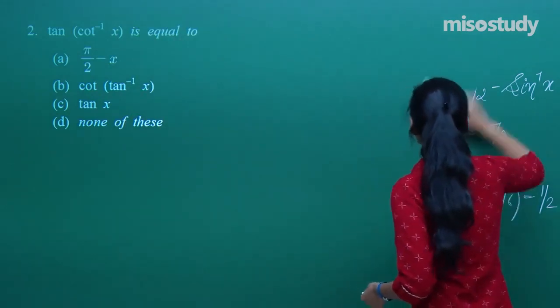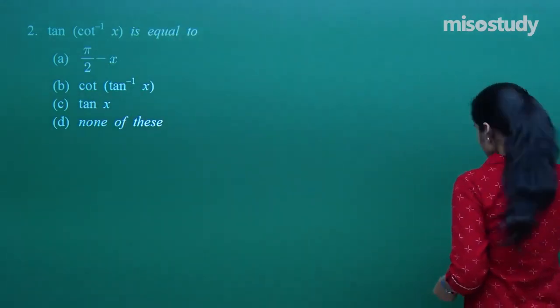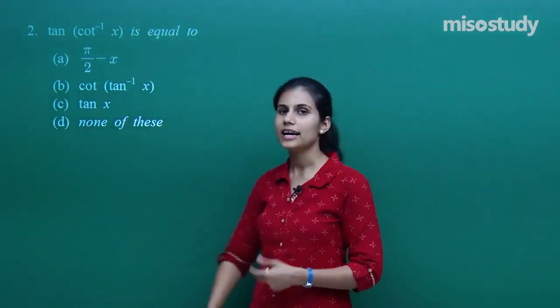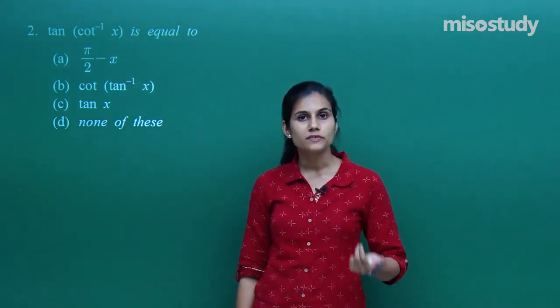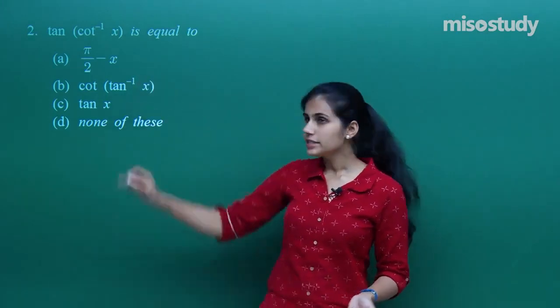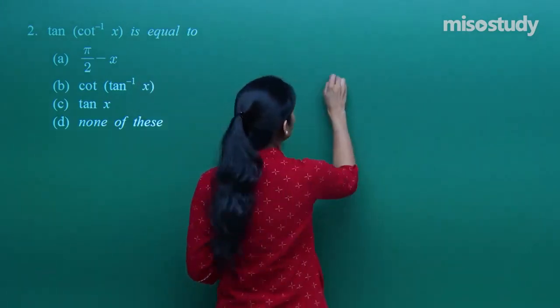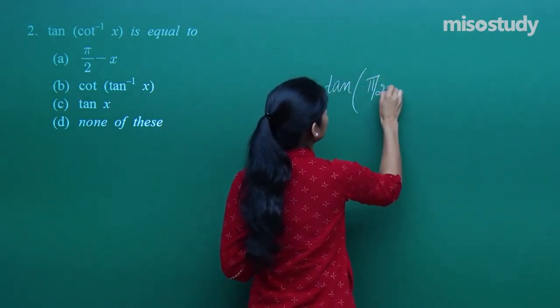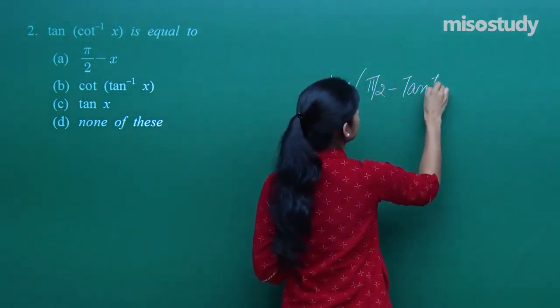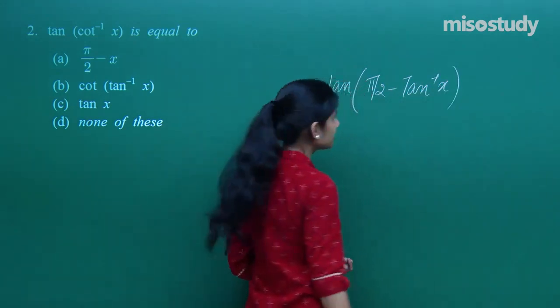Okay. So again, if I talk about the very same property, the tan inverse and cot inverse connection, it reminds us that tan inverse x plus cot inverse x is pi by 2. So cot inverse x can be connected to tan. How? I can write cot inverse x as pi by 2 minus tan inverse x, right?